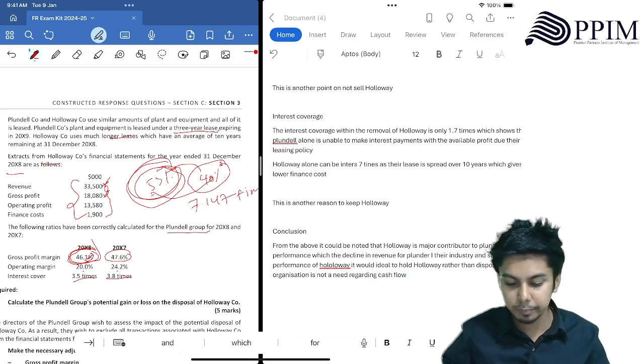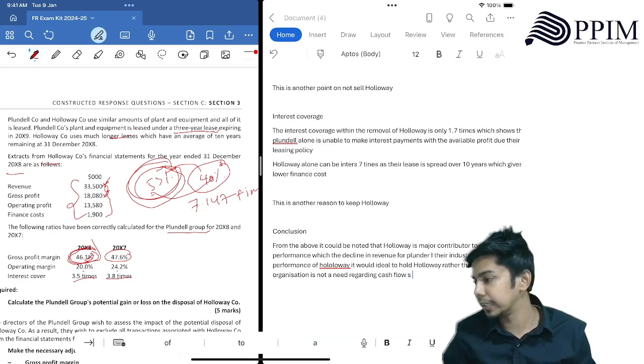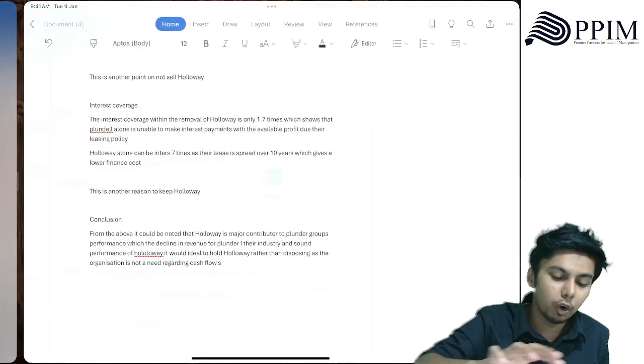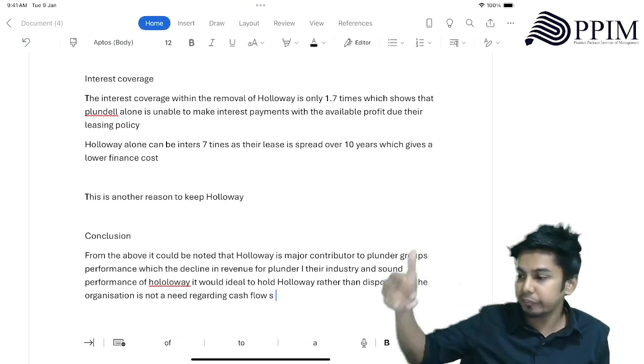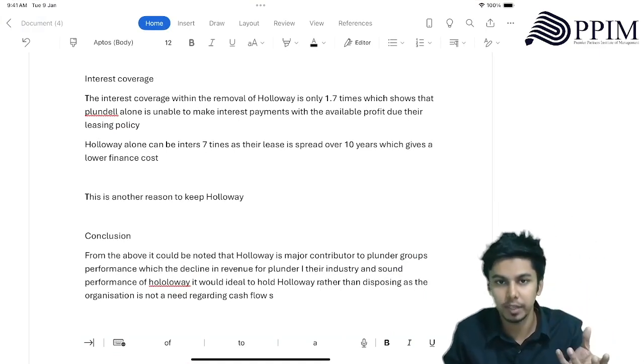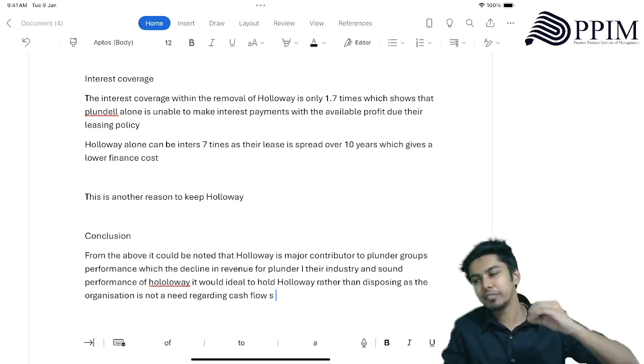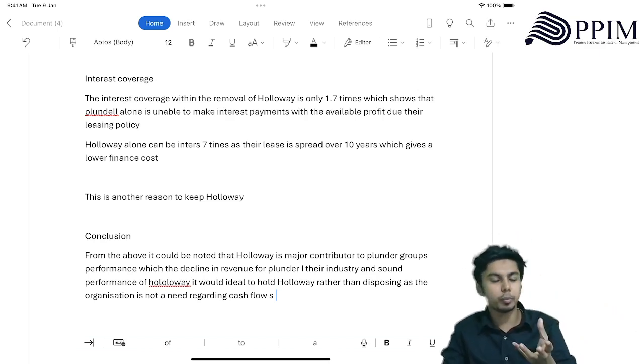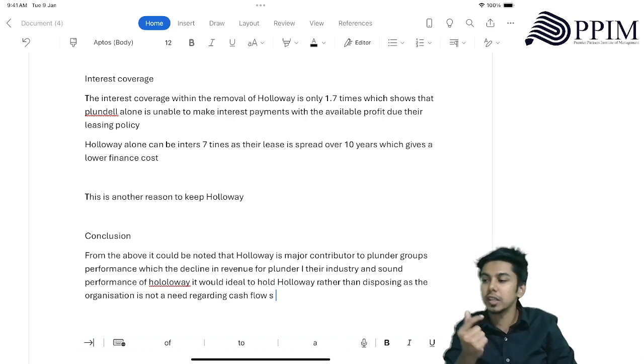So guys, what is the meaning of that sentence I have written there? In every aspect of the performance, Holloway is good. The only reason to sell that company would be to get money. The question says we are going to get 112 million cash.